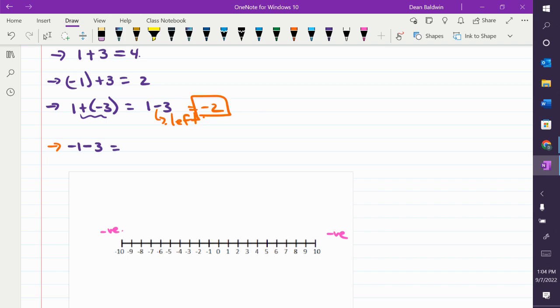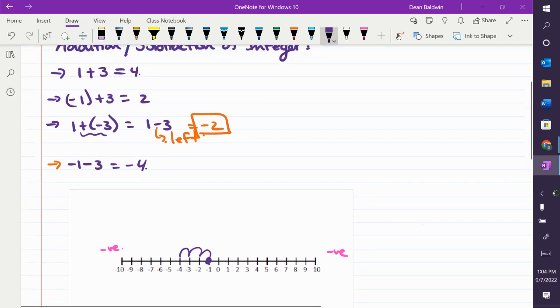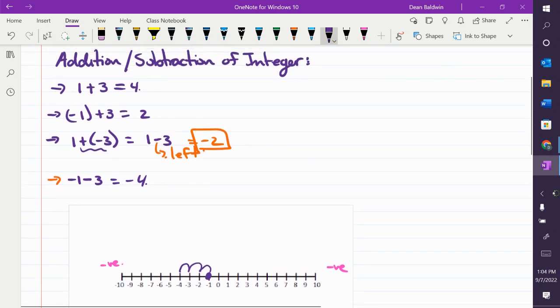Yes. So negative 1, we start at negative 1. This minus tells us we're going left. 1, 2, 3. So we end up at negative 4. Did you guys do this last year? Yes. Perfect.